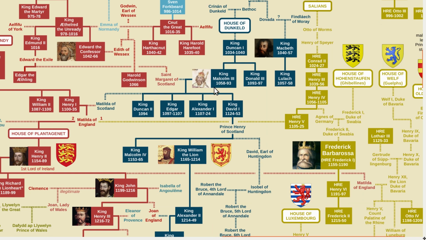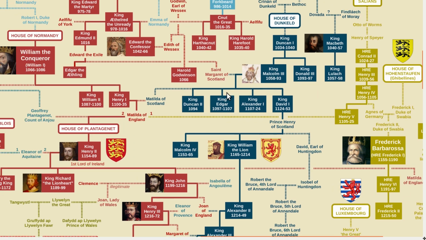Now, Malcolm III is important because he provides an early link between the royal houses of England and Scotland. This is because he married a member of the English House of Wessex, a woman who is now known as St. Margaret of Scotland.